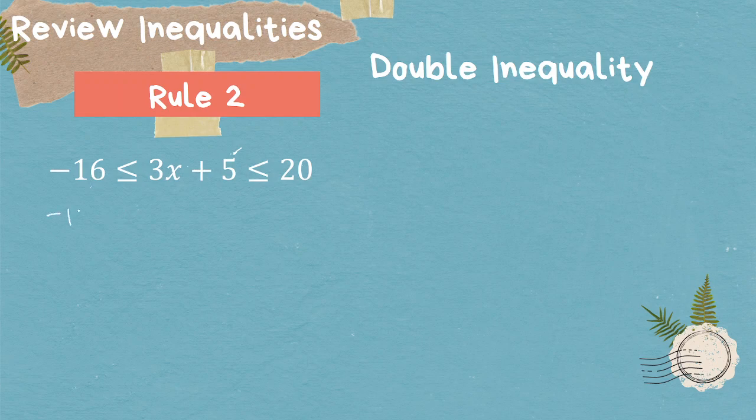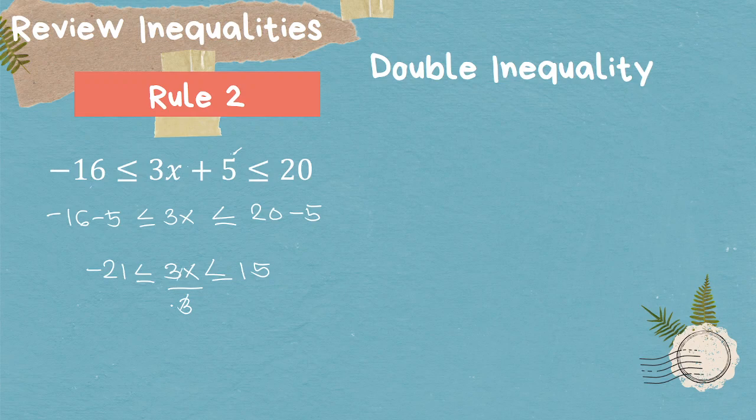So negative 16 minus 5 is less than or equal to 3x, which is less than or equal to 20 minus 5. So the answer is negative 21 less than or equal to 3x, and 20 minus 5 is 15.